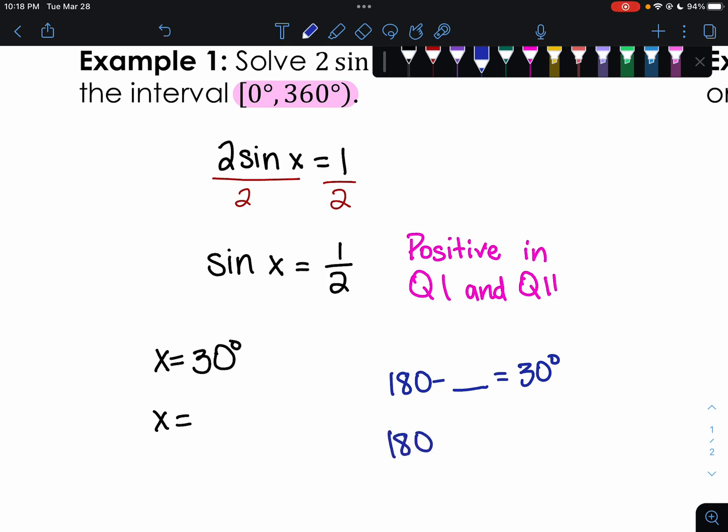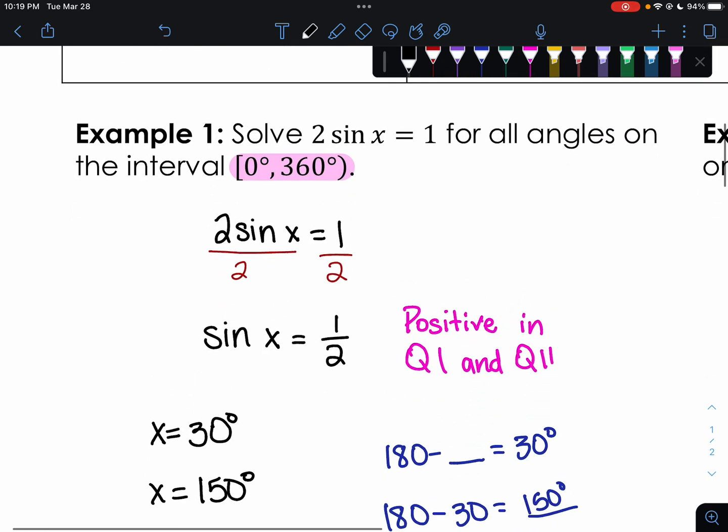We're going to take 180 and we're going to subtract the 30 degrees from it to get the angle. So 180 minus 30 degrees, that is 150 degrees. So my second solution is 150 degrees.